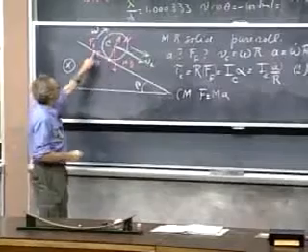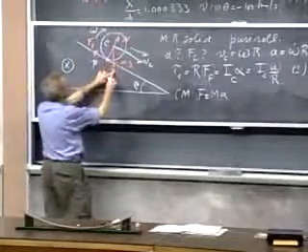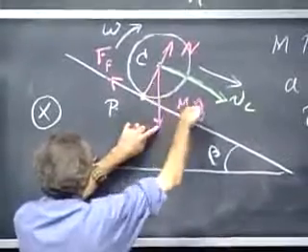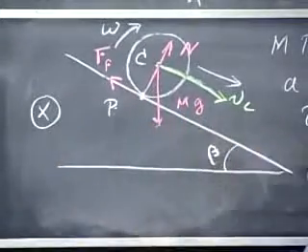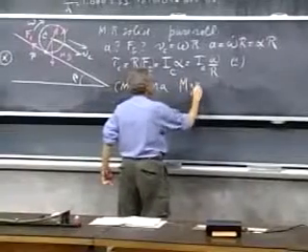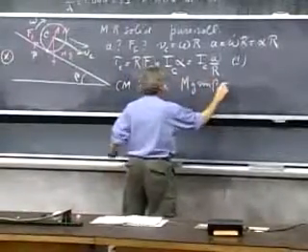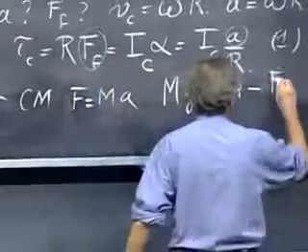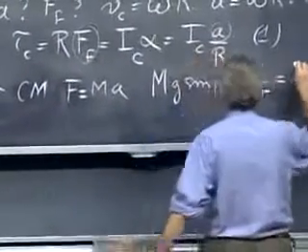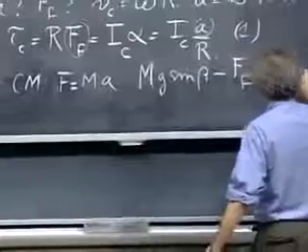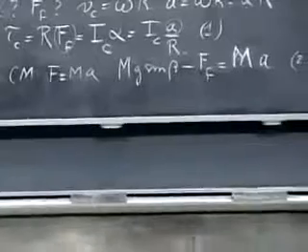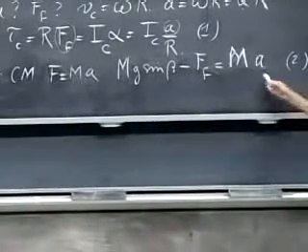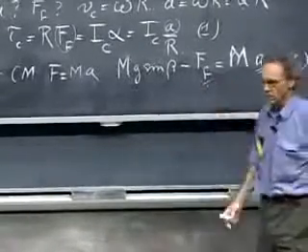Well, this one is uphill, and the only one that is downhill is the component of mg along the slope, which is mg sine beta. I call that the plus direction, so I get mg sine beta minus that frictional force equals m times A. It's my second equation. I have two equations with two unknowns, A and the frictional force, and I can solve. You can do that as well as I can.